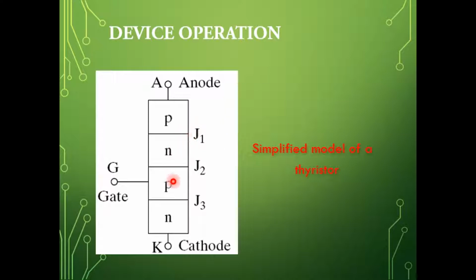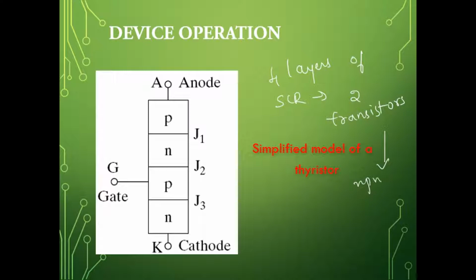So now these four layers, we can treat as two transistors. How do you treat it as two transistors? One transistor is PNP, the other transistor is NPN. So now we will split these four layers into two transistors. The thyristor or SCR, we will consider as two transistors, one NPN and the other PNP.